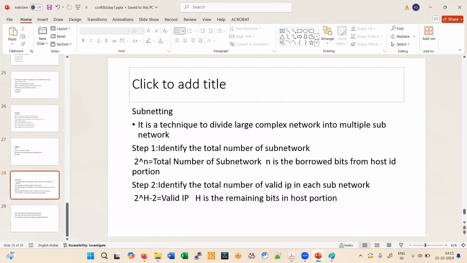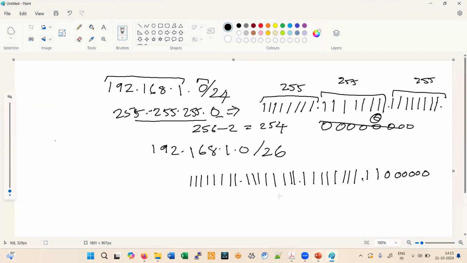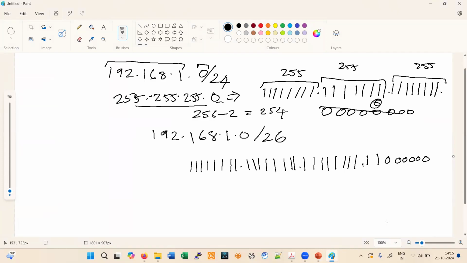The first one is to identify the total number of subnetworks. How do we identify the total number of subnetworks? The total number of subnetworks is equal to 2 raised to n, where n is the number of bits borrowed from the host part.